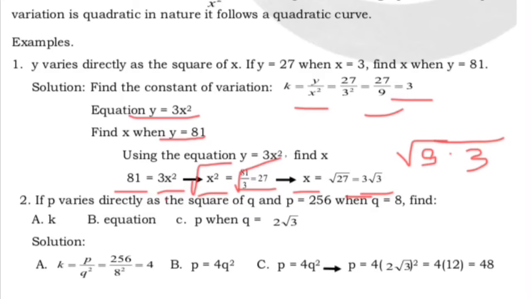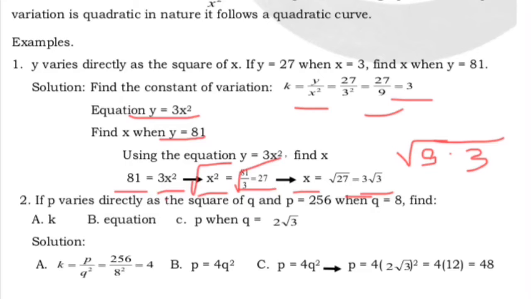Number 2, if p varies directly as the square of q and p is equal to 256 when q is equal to 8, find A, k or the constant of variation, B, the equation, and letter C, p when q is equal to 2 times square root of 3. For the solution, we're going to find first the constant of variation, which is k.